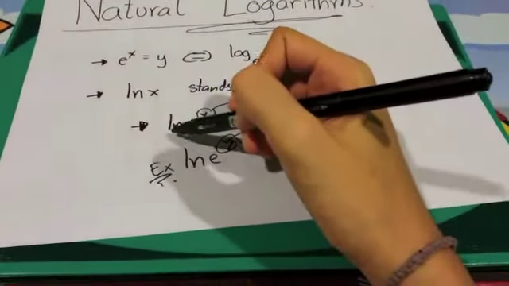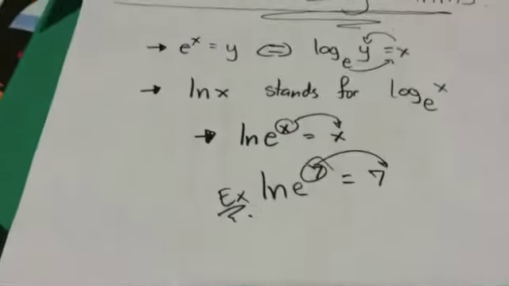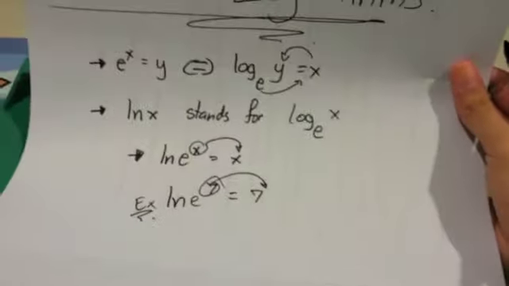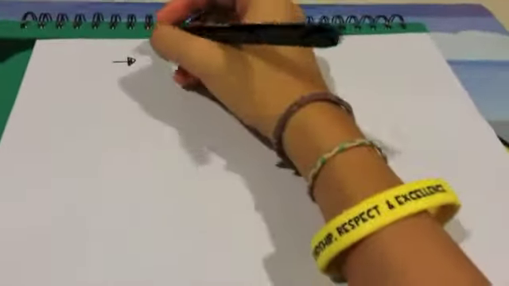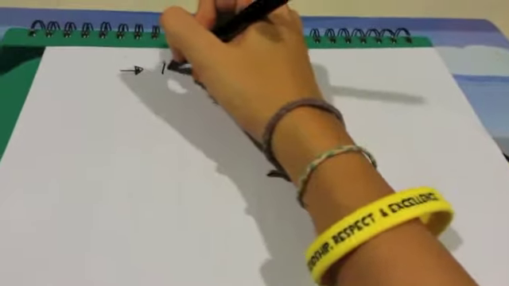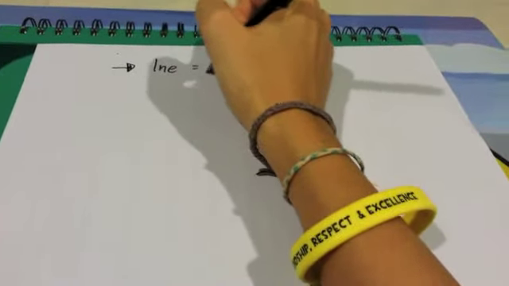This is the first one, and for the second one, it would be ln e is equal to 1.